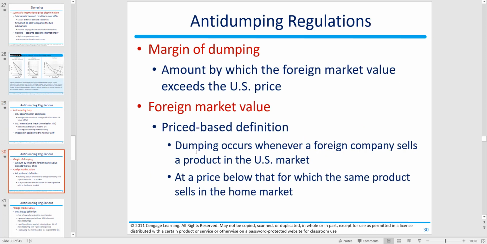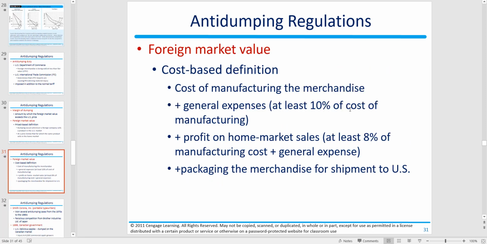So there is a need to determine what is the margin of dumping and calculate the foreign market value of the product. These are procedures that are necessary to compute, assess the amount of the damage that needs to be paid back. This is a complicated exercise, but that's what the government employees are there for.